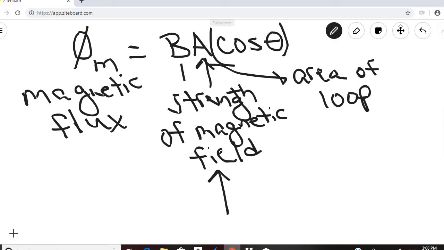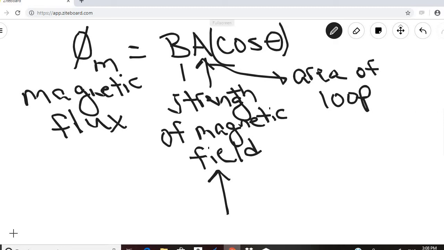And if you consider a vector that's perpendicular to the area enclosed by the loop, you're going to get the maximum flux when that vector and the magnetic field are parallel.